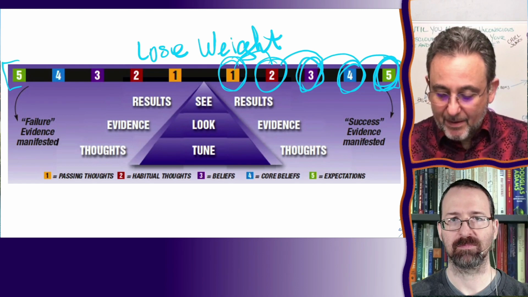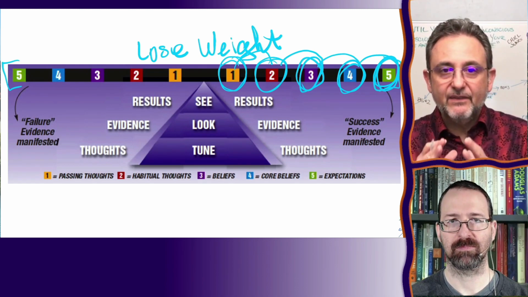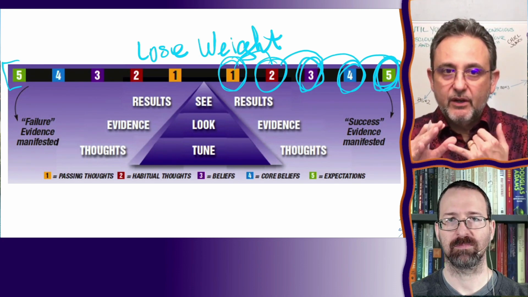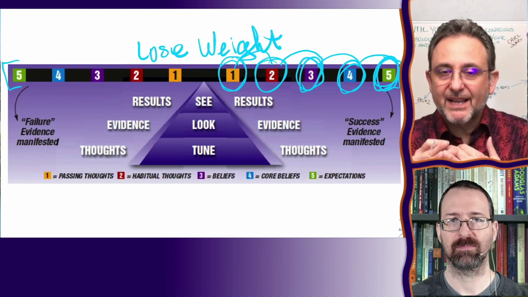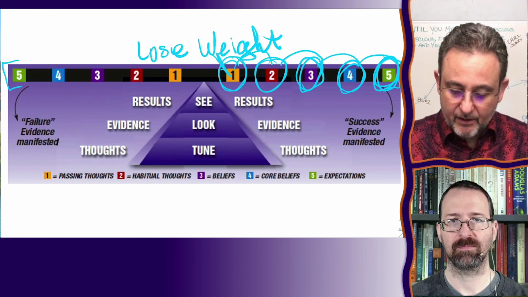But the thing to remember is that what we believe to be true, what we know as a core belief or as a rock solid expectation, started out as a passing thought right here.